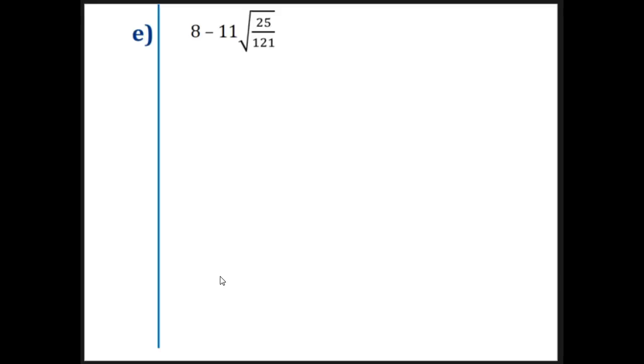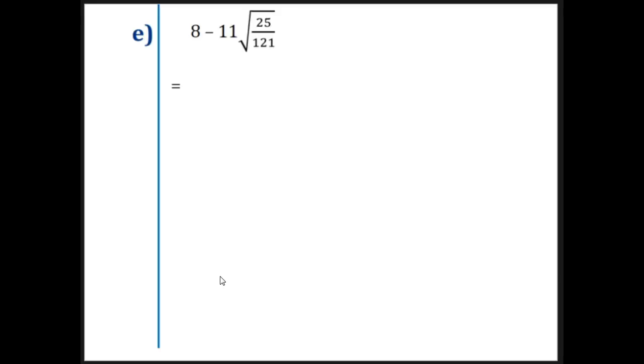Okay, so be careful here because we have to take care of that fraction first. I'm going to say that 25 is a perfect square, and so is that 121, right?